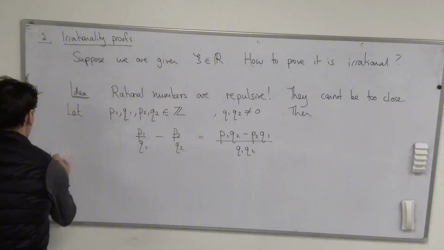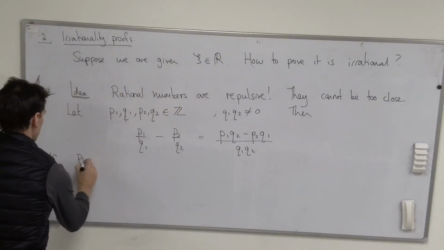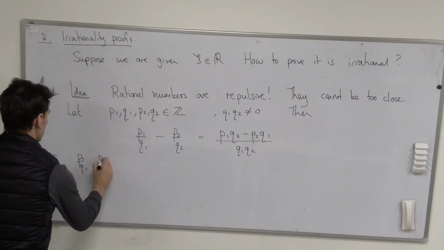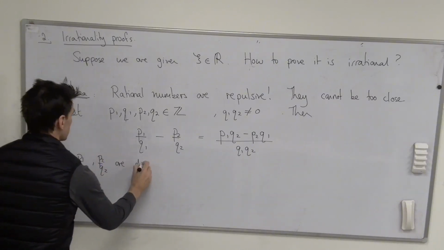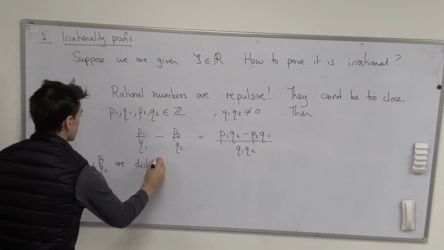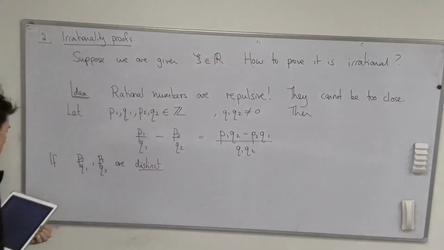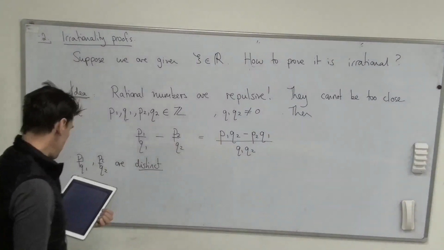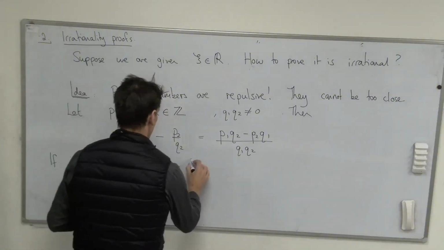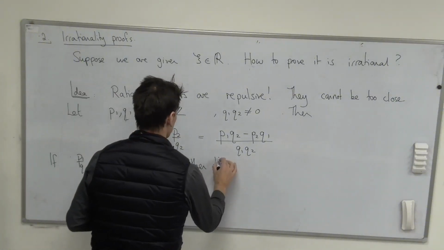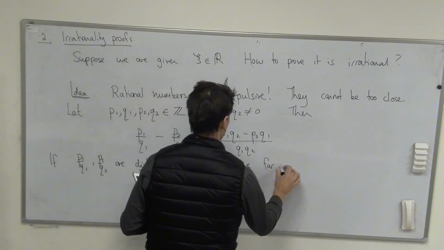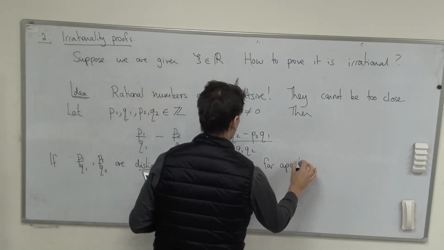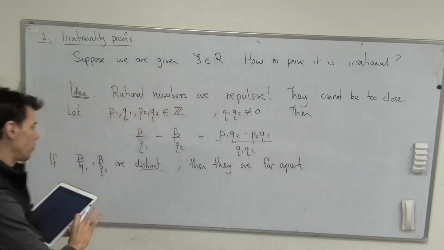But if these rational numbers are distinct, okay, they can be equal, this thing can vanish, but if they're distinct, then they are far apart. That's what it means to be repulsive. They repel each other.